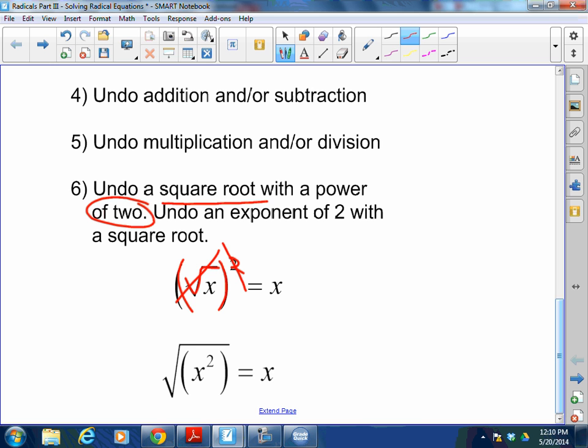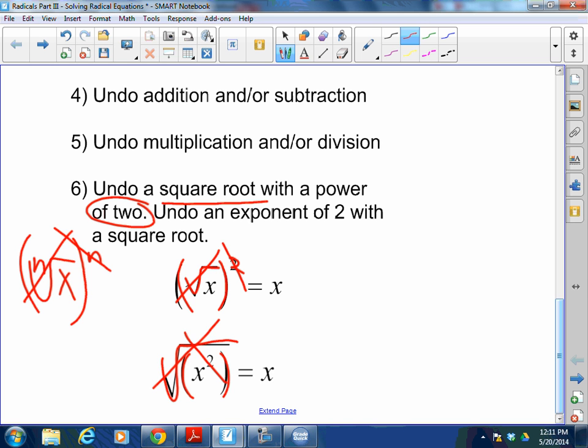If I have an x squared, and I take the square root of x squared, the radical and the power of 2 cancel. So what does that tell you for any radical? If I have an nth root radical, I can get rid of the radical by raising it to the power of the index. When I raise any radical to the power of its index, the radical and the power cancel.